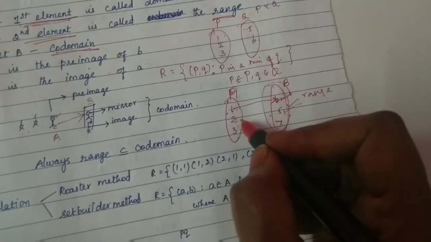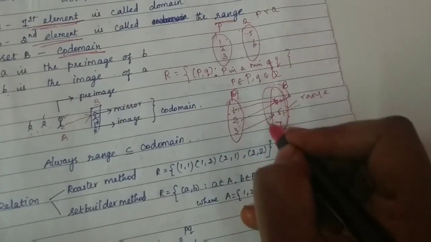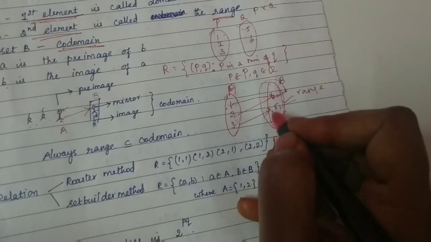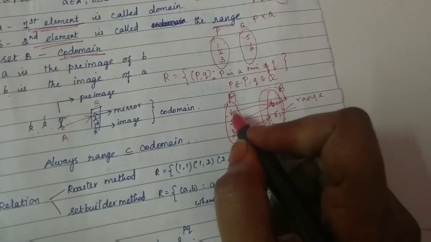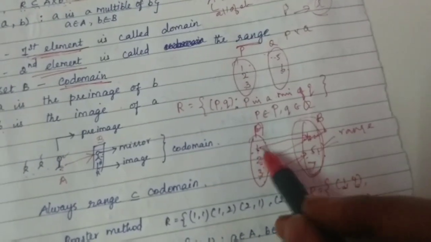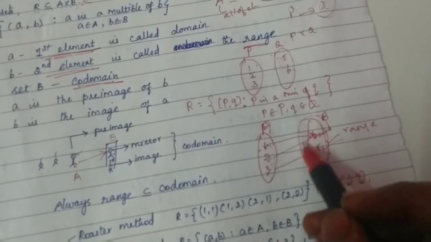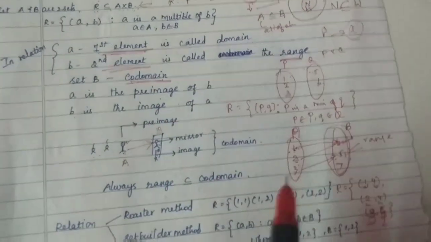For 2 I have given 4. For 3 I have given 5. Therefore 5 is the image of 3, 4 is the image of 2, and 4 is the image of 1 as well. That is nothing but image. Now 1 is the pre-image of 4, 2 is the pre-image of 4, 3 is the pre-image of 5. That's what I have explained as pre-image and image.